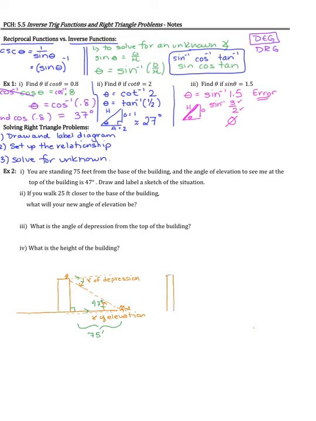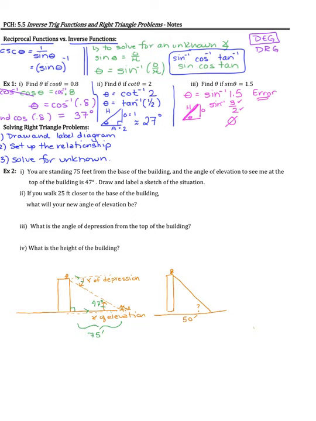I'm going to redraw, just because that picture is getting a little busy. If you walk 25 feet closer, that means you're now only going to be 50 feet away, and we want to find what this new angle of elevation will be.